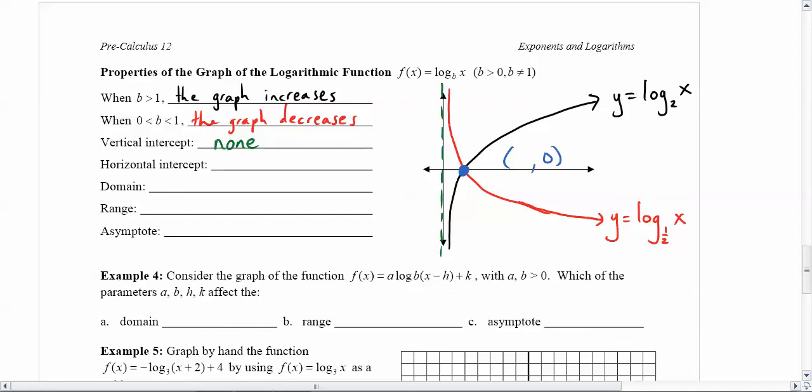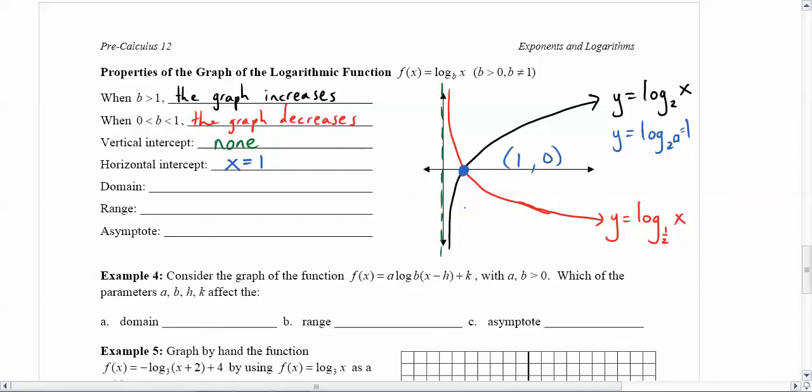When y is 0, x is 1. And you could even check that by putting in 1 for x. Remember that this means that 2 to the power of what number equals 1?